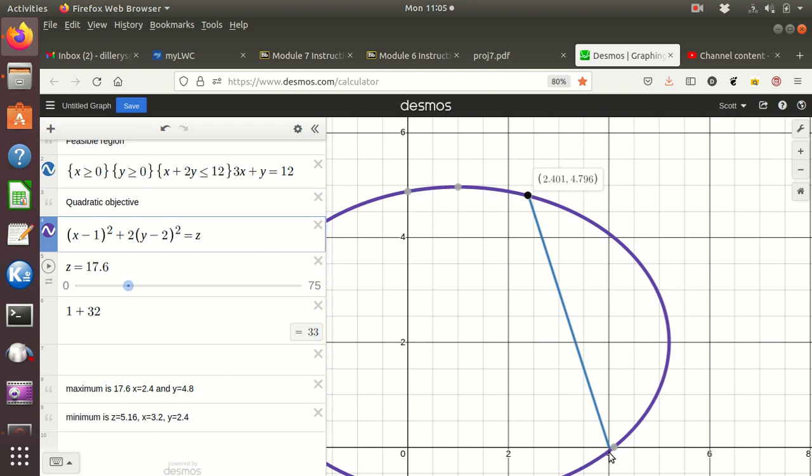So you see, this was just a little bit too big down here. So it got kind of hard to see what the maximum was, but it was up here. All right, so that is looking at quadratic objective functions instead of linear objective functions on our different types of feasible regions.